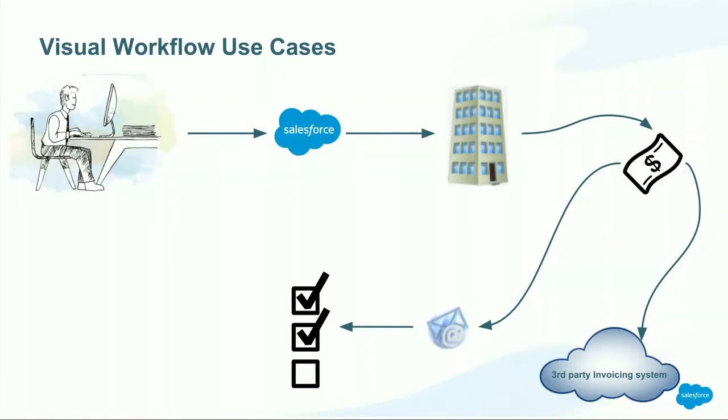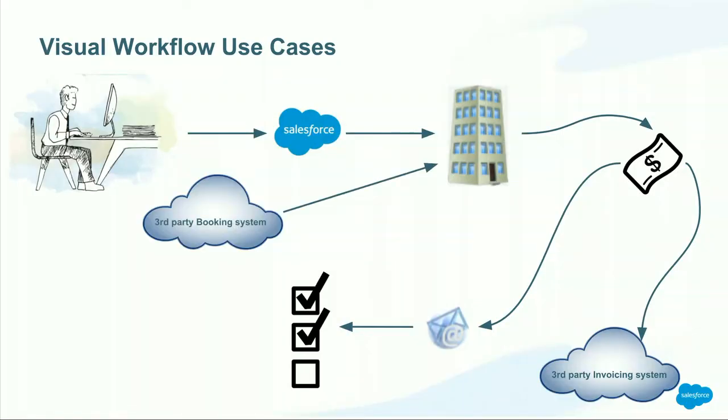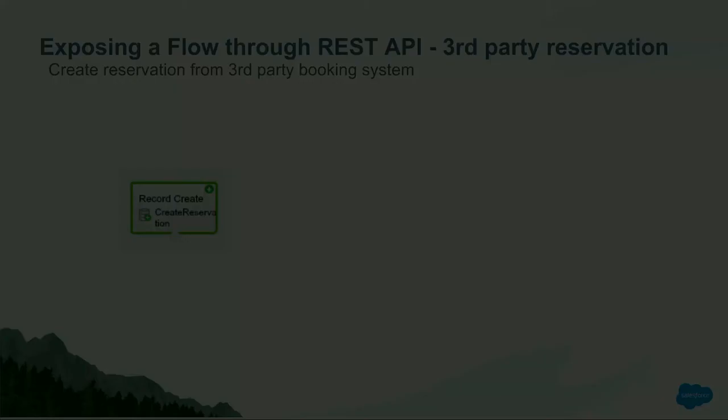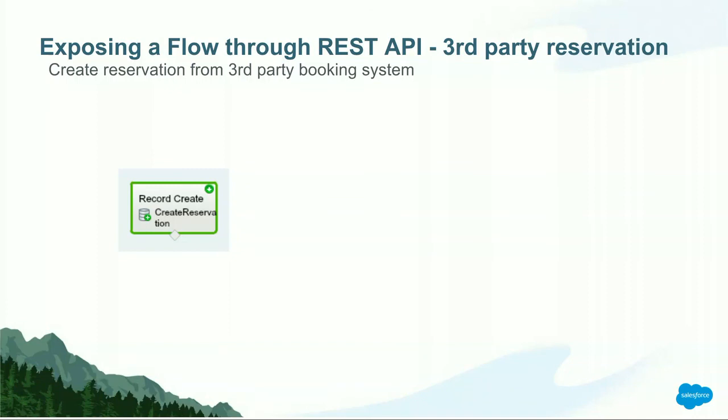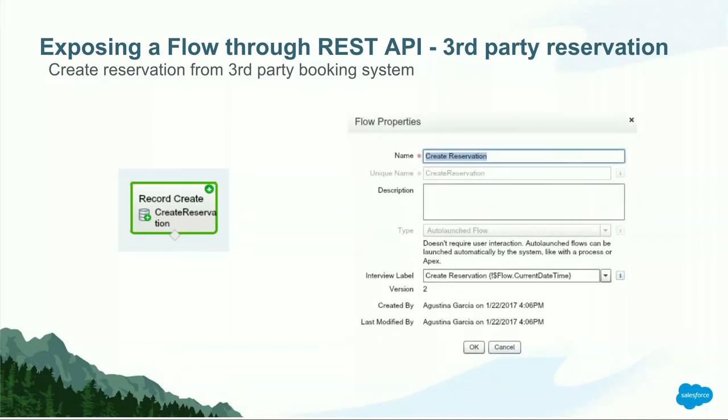Finally, our last use case is that we want to expose our reservation system to a third party, a partner, a third-party booking system who wants to use our system and create a reservation in our system. For that, what we can do is create a simple flow with just one step, a record create.